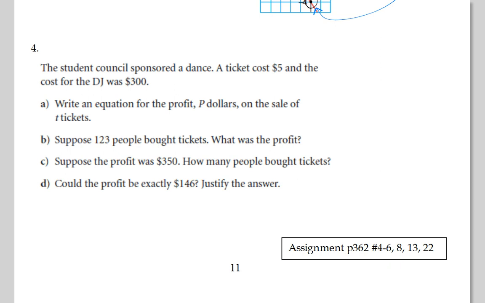Oh, they're asking for a profit. So they don't really give us enough information, so you're going to have to make assumptions. So I would say not cost here, I would say a ticket profits $5 for each ticket.